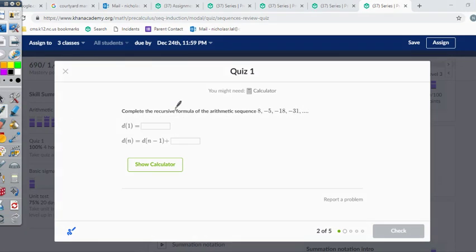All right, complete the recursive sequence. Well, D1, we're just looking at the first term. Here's the first, the second, the third, the fourth term. The first term here is 8, so I know that D1 is going to be equal to 8. And what this is saying is that for each term in the sequence, a term is equal to the previous term.